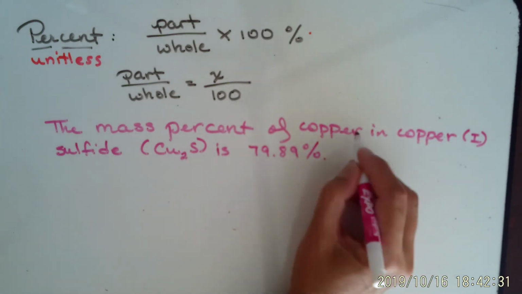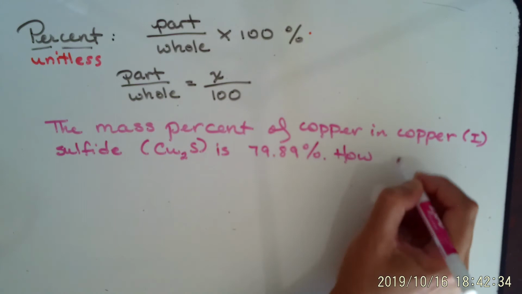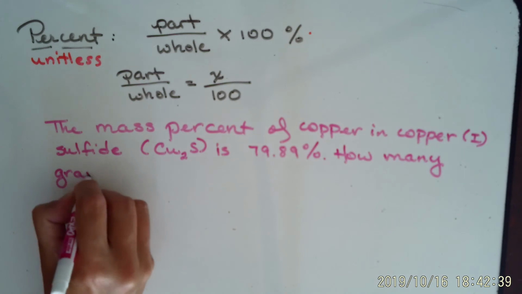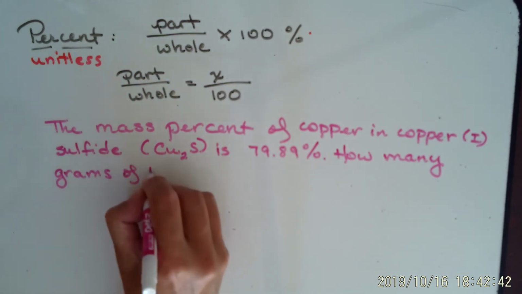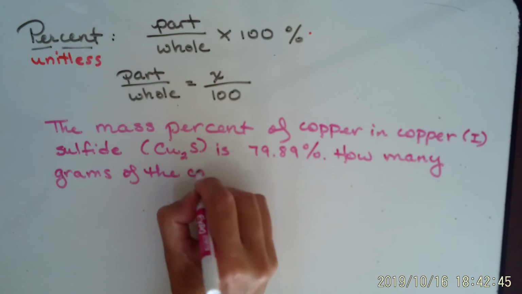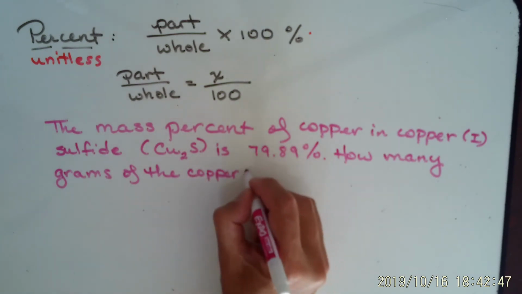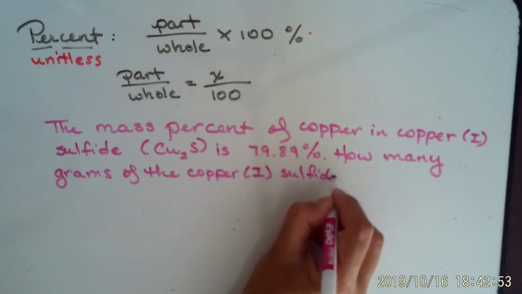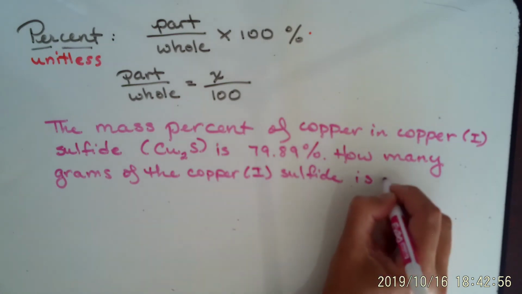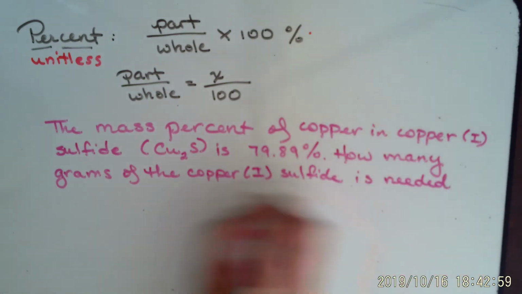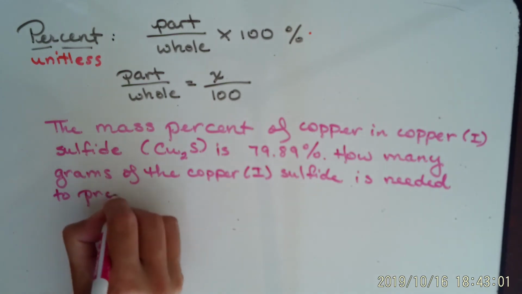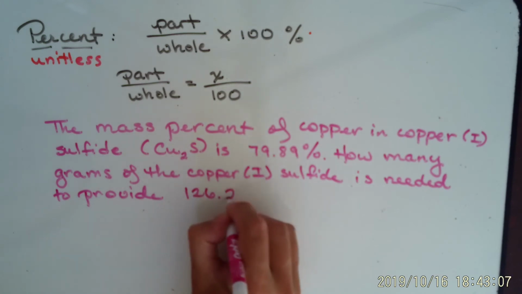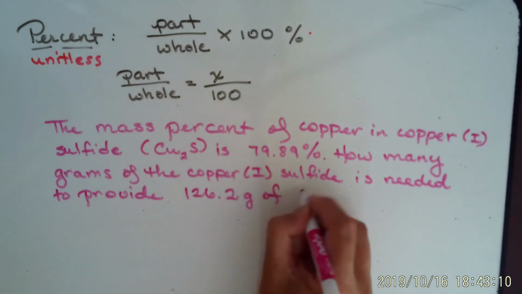Okay, so how many grams of the copper(I) sulfide are needed to provide 126.2 grams of copper?